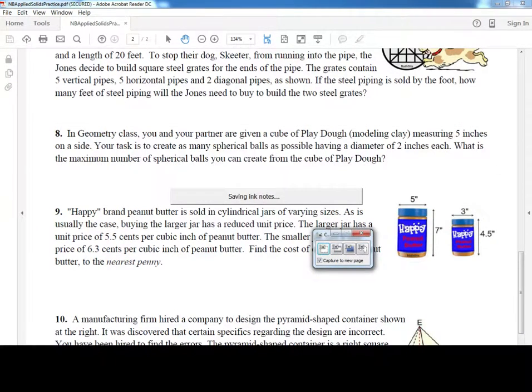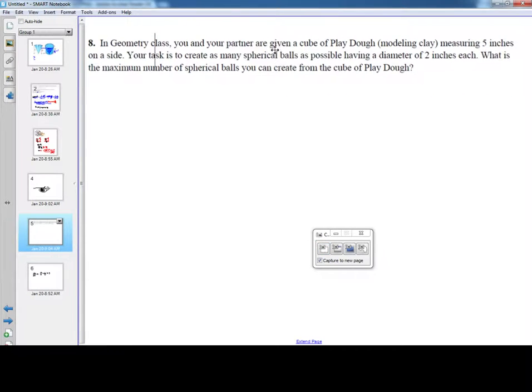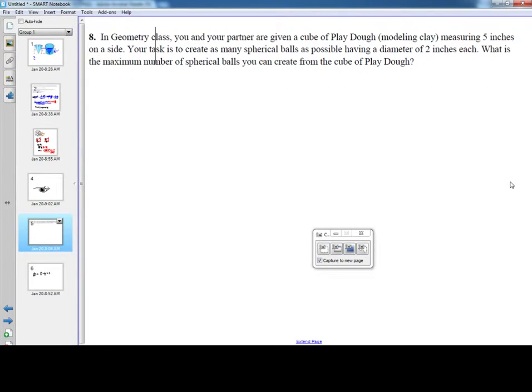This is going to picture really weird. Okay, so here's the deal. In class, they give you some modeling clay, and it's a cube of modeling clay, and one of the sides measures 5 inches.